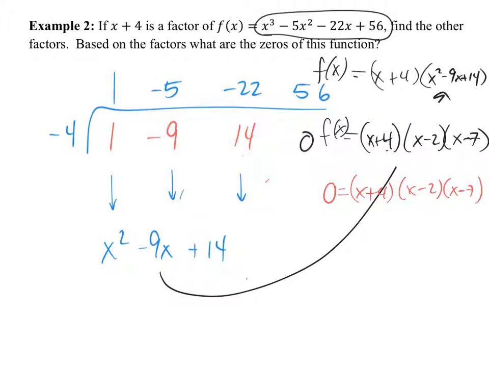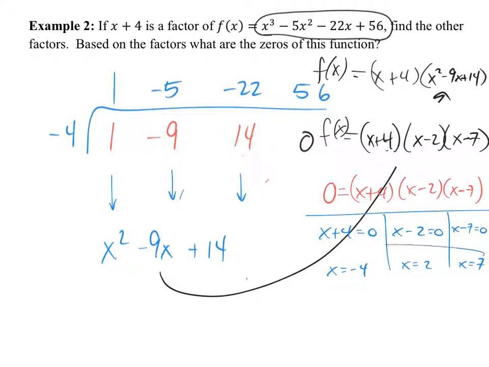Each of these factors could be 0. So this is what the t-chart would look like. x equals -4, x equals -2, x equals 7. Those are the roots of this equation, or simply the zeros of the function.